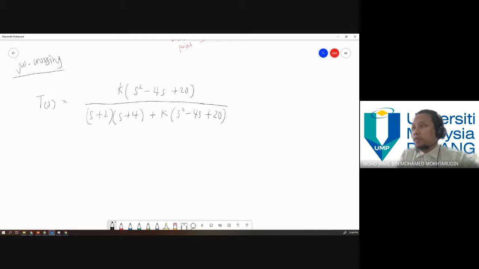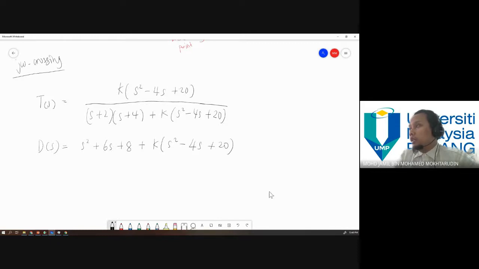Okay. So we need to find the denominator. So simplify, so we only take the denominator and expand, okay? So here we get S squared plus 6S plus 8 plus K times (S squared minus 4S plus 20).